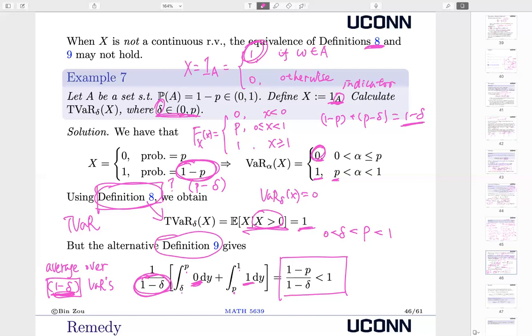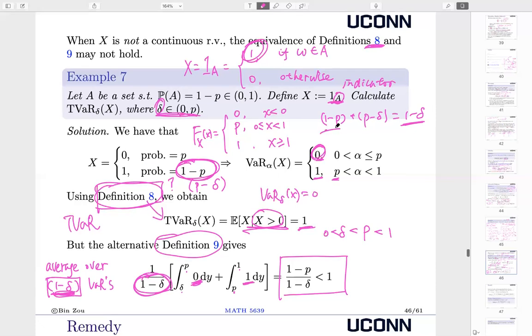I want to average for the losses that are the worst 1 minus delta percentage, not 1 minus p. 1 minus p is somehow a little short of what I want. So how are we going to make this up?